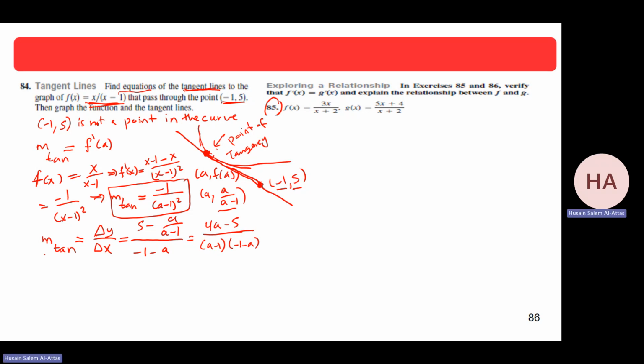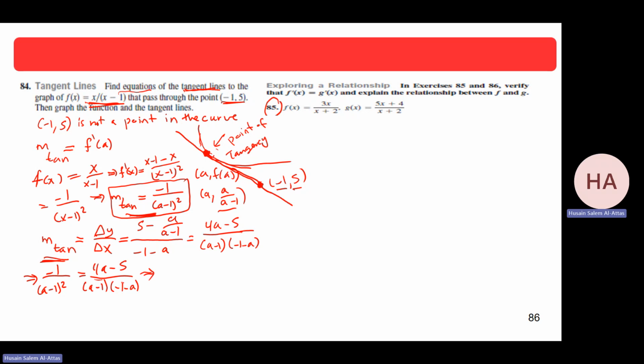Okay. This m tangent should be the same as the other m tangent. So I have -1 over (A minus 1) squared equals (4A minus 5) over (A minus 1)(-1 minus A). In other words, we have what?